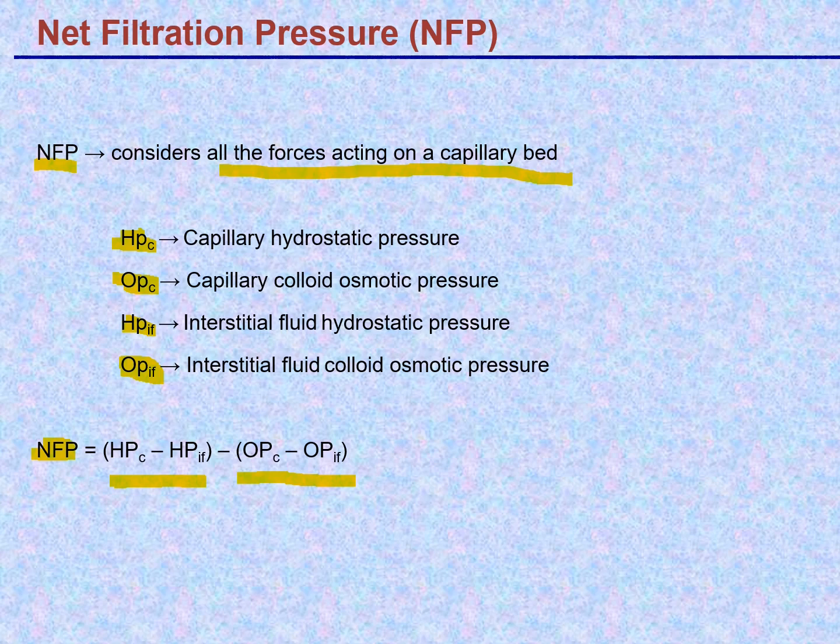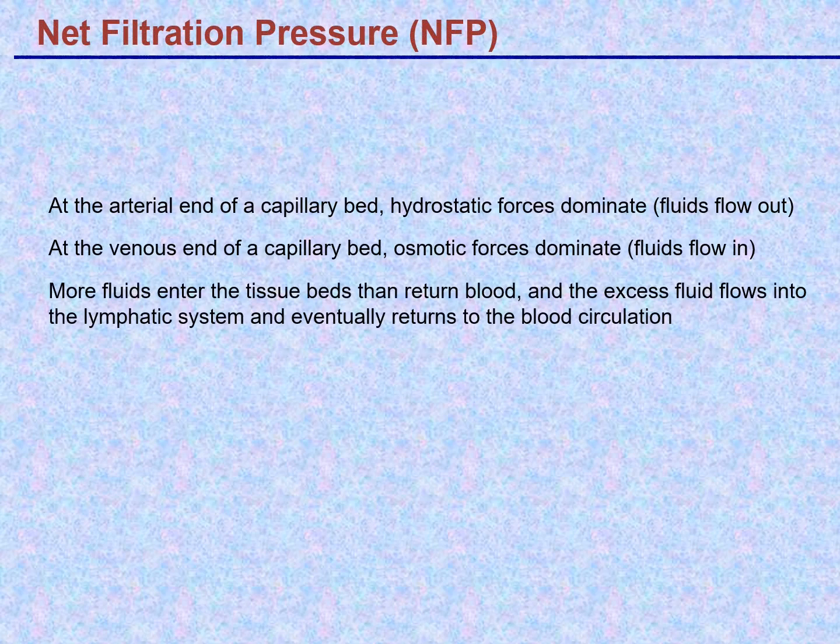So there is an overall net outward pressure. At the arterial end, the hydrostatic forces dominate, and at the venous end, the osmotic forces dominate. So more fluid flows in, but not as much flows in as flowed out. Slightly more flows out than flows back in.